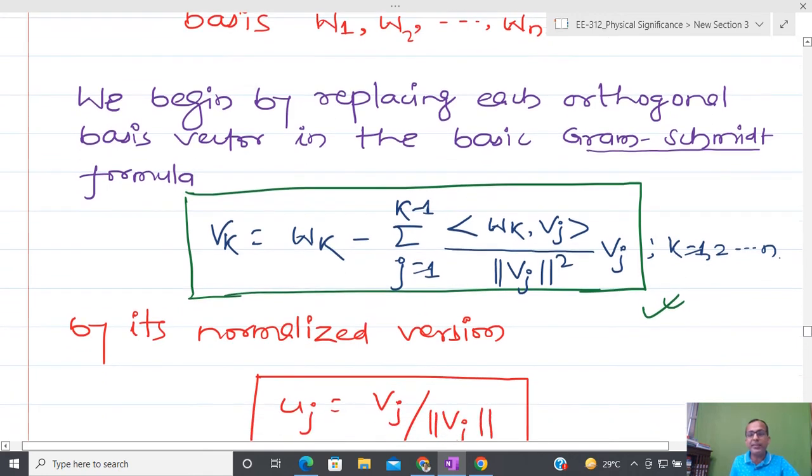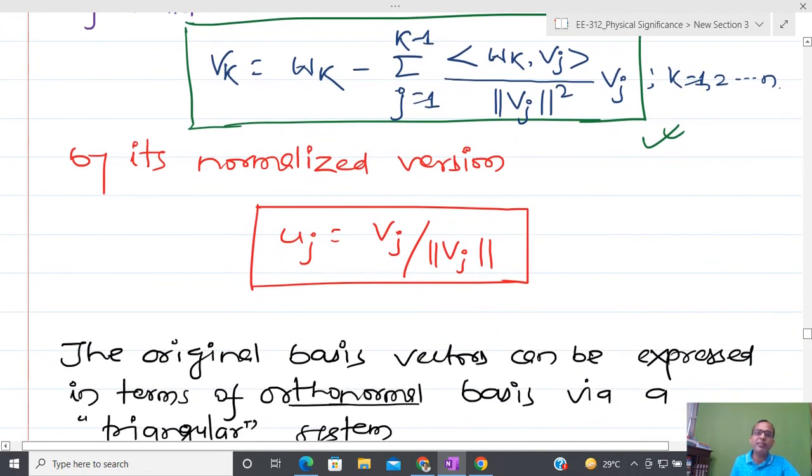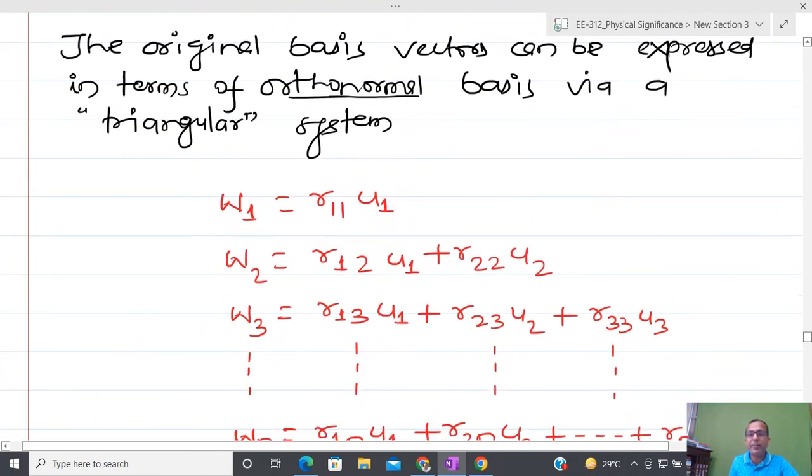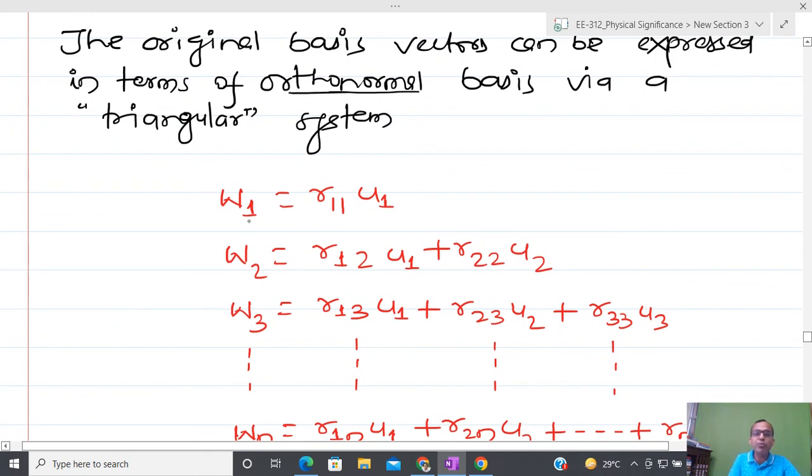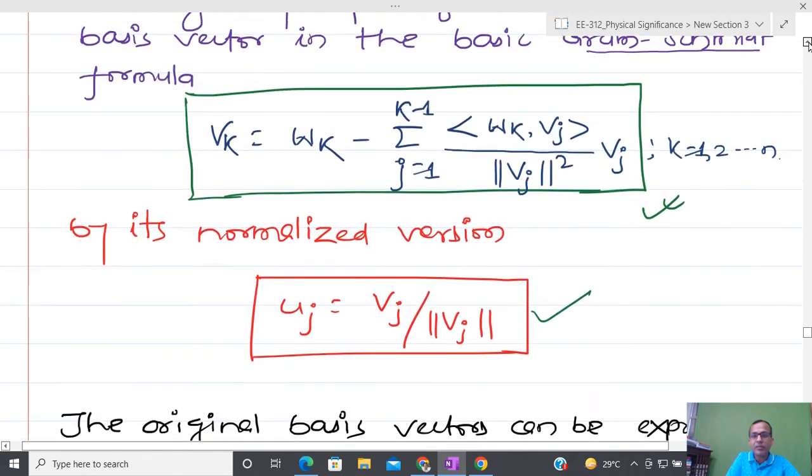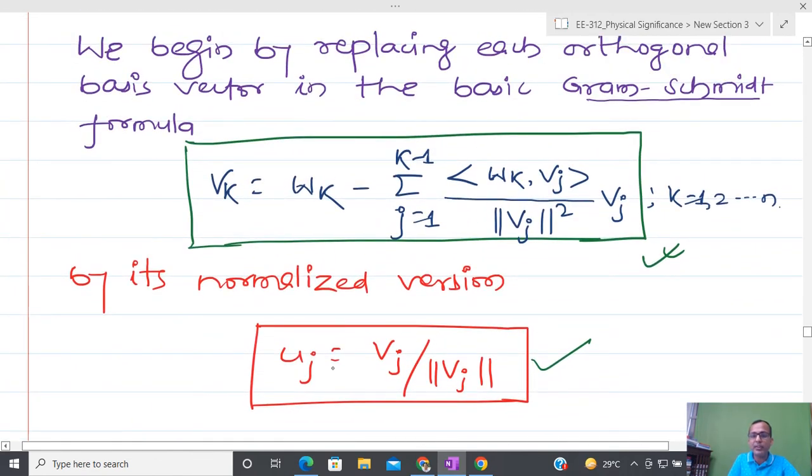Now, whatever the first basis vector v1 is, I am going to divide it by its magnitude. Similarly, the second, I am going to divide by its magnitude. In this way I am going to do the normalization. After that, I have w1, w2, w3, wn, and u1, u2, u3 I have already defined.